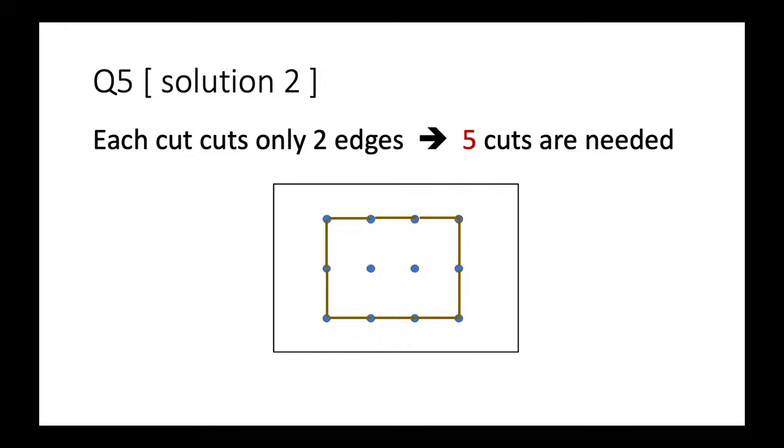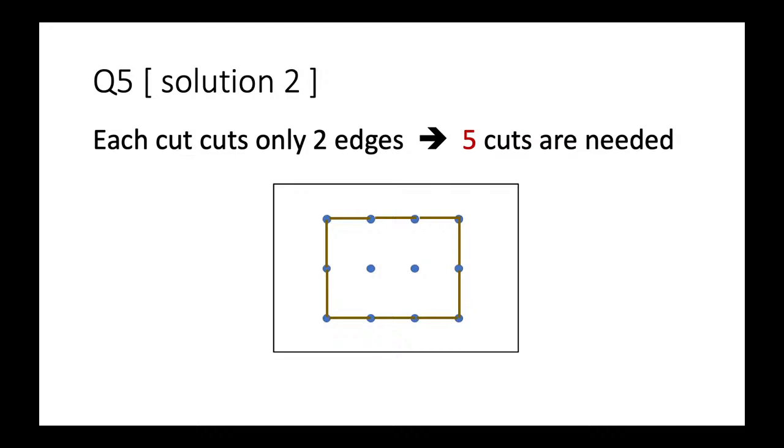In such a case, let's say this edge is not cut at all. What does that mean? It means that these 2 points, this region of the paper, is still intact. They are still not separated. So if this edge is not cut, then these 2 points will always stay in the same region. So in such a case, we cannot separate the points from each other.